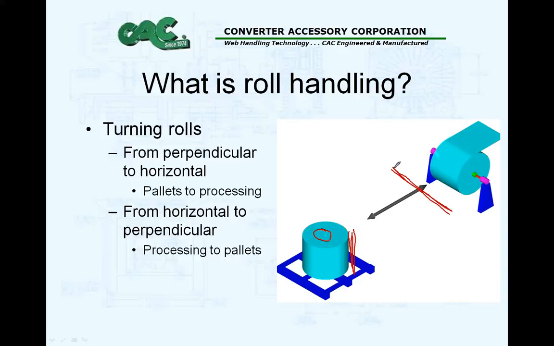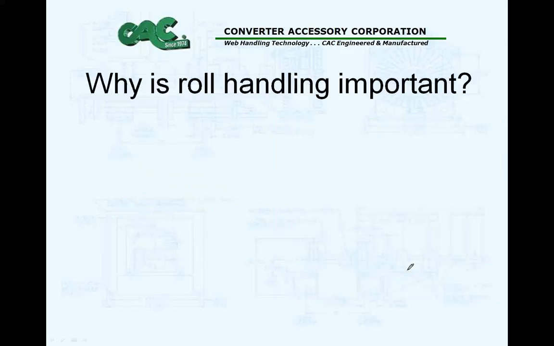And then again, rolls being processed are processed parallel to the floor. So the question is, how do you turn rolls 90 degrees in your facility now? How do you get them from perpendicular to parallel? It's important to ask yourself how you're doing that now, and take a look at different types of roll handling equipment that can help you to do that safely and efficiently.